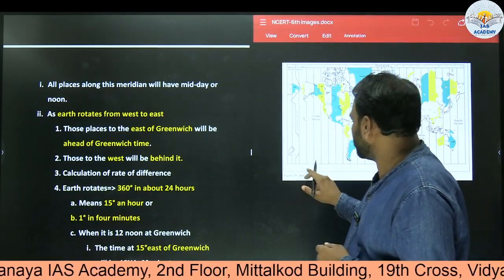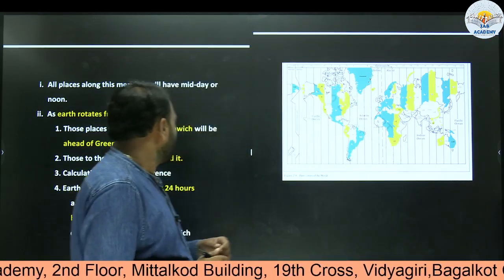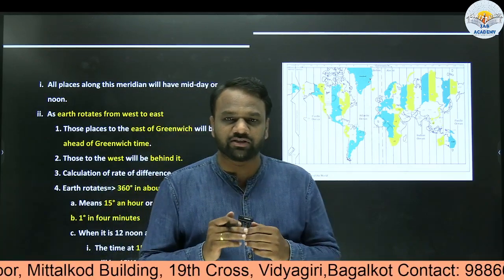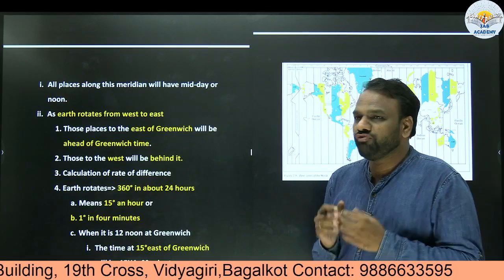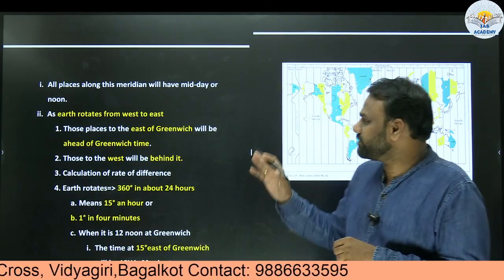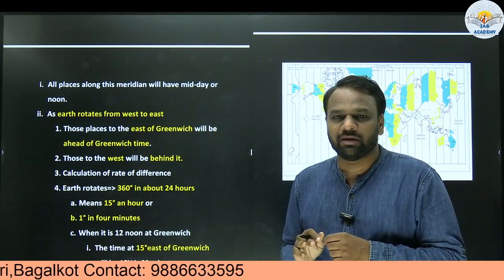So this is a global map. We know that Earth rotates from west to east. In this direction it rotates. So which region will see the sunrise first? The countries in the eastern hemisphere or the countries in the western hemisphere?